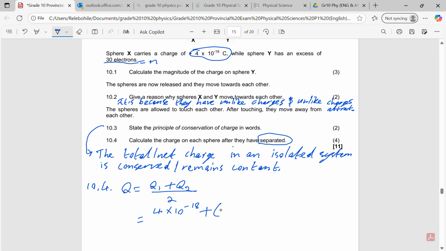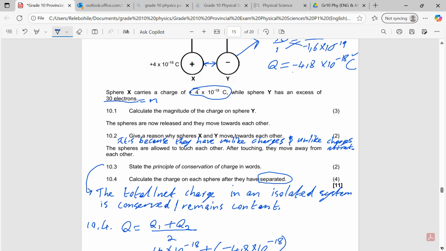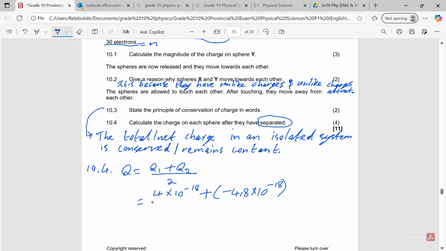Remember that we found Q2 as negative 4,8 times 10 to the power of negative 18. If you forgot about that, this is where we found it. This was the charge for sphere Y. We found it as negative 4,8 times 10 to the power of negative 18, right? And then we divide all of this by 2. Then go to the calculator for the final answer.